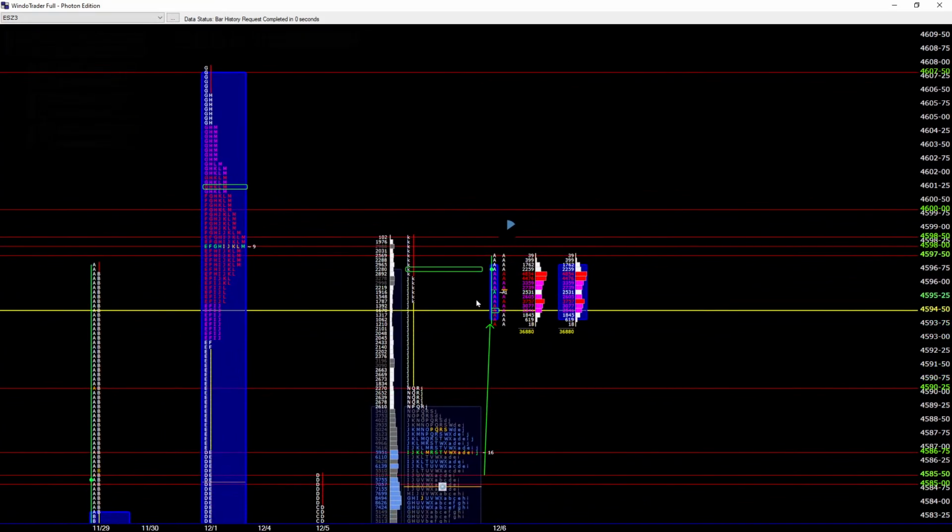Now, something, if I am long here, because my mentality is go with the gap that is not filled quickly. If the gap is going to be filled, the volume comes right away from the opening.